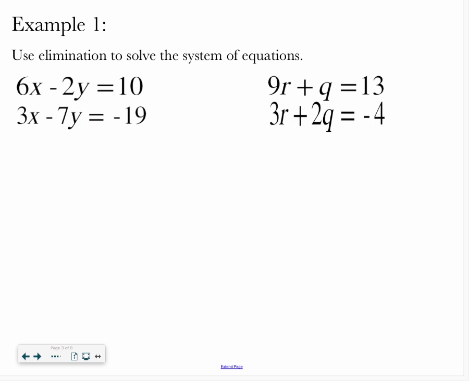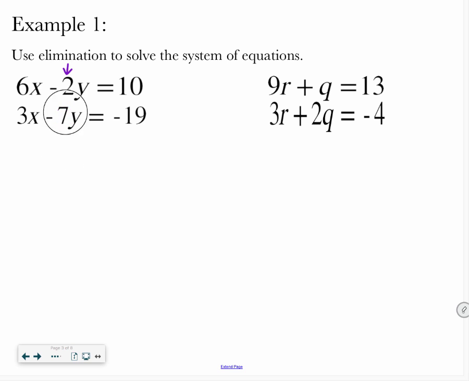So let's look at this. We have our first example, which we want to use elimination to solve. We have 6x minus 2y equals 10. We have 3x minus 7y equals negative 19. Okay, so yesterday we focused on adding and subtracting, and we always had, like this, if this is a 2, this was always a 2 yesterday.